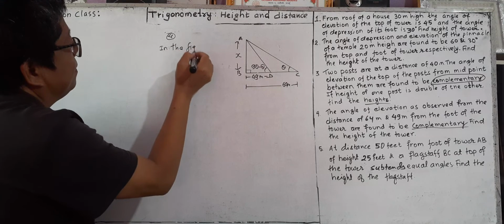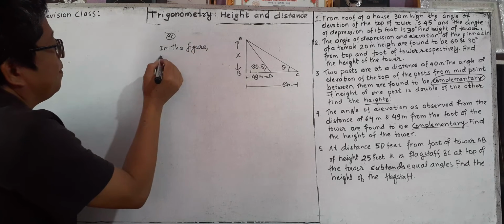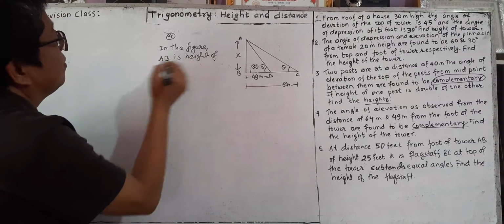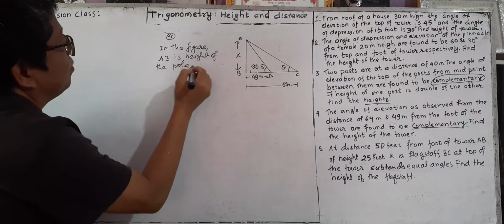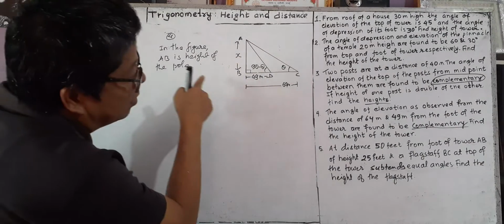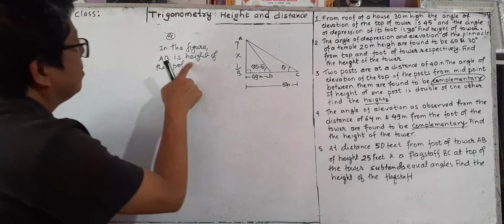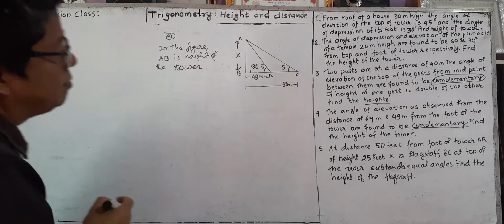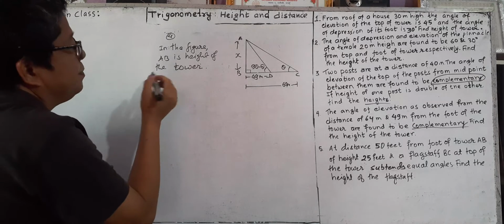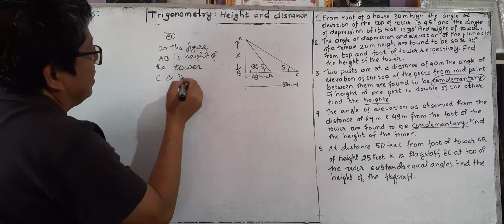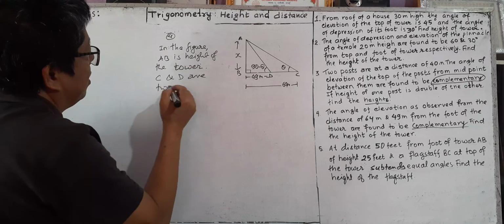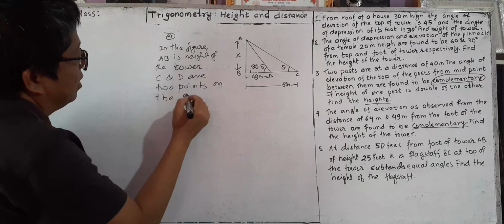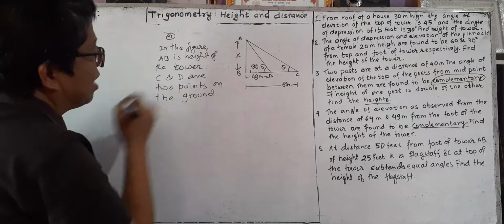Okay, so let us describe the diagram. In the figure, AB is the height of the tower, and C and D are two points on the ground.